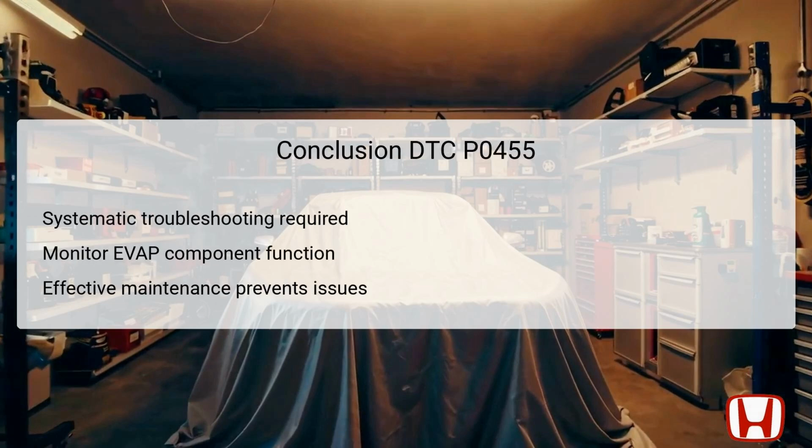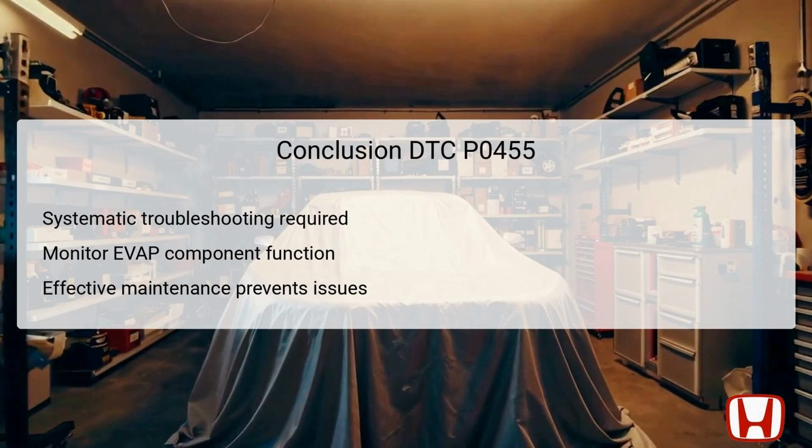In conclusion, effectively addressing DTC P0455 requires a systematic approach to troubleshooting and understanding each component's role within the EVAP system. Monitoring each part's function and ensuring robust connections can significantly reduce the likelihood of leaks occurring.